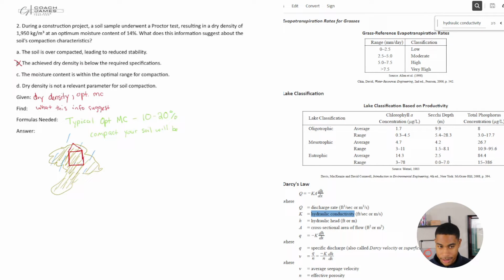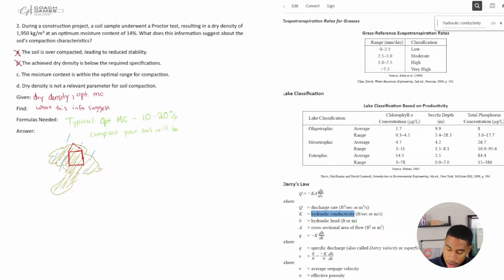percent compact. So over compacted, if it's 101%, which sometimes those things read pretty high. So if it's 101, that means this is really stable, so it doesn't reduce stability. So A is no. The moisture content is within the optimal range for compaction.